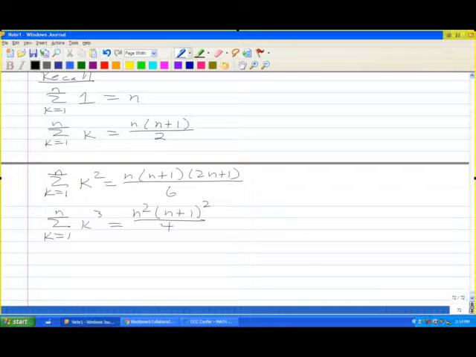So let me show how to derive these formulas above. Before, I showed you how to show these by mathematical induction. Now let me show you how to derive them using the following idea.